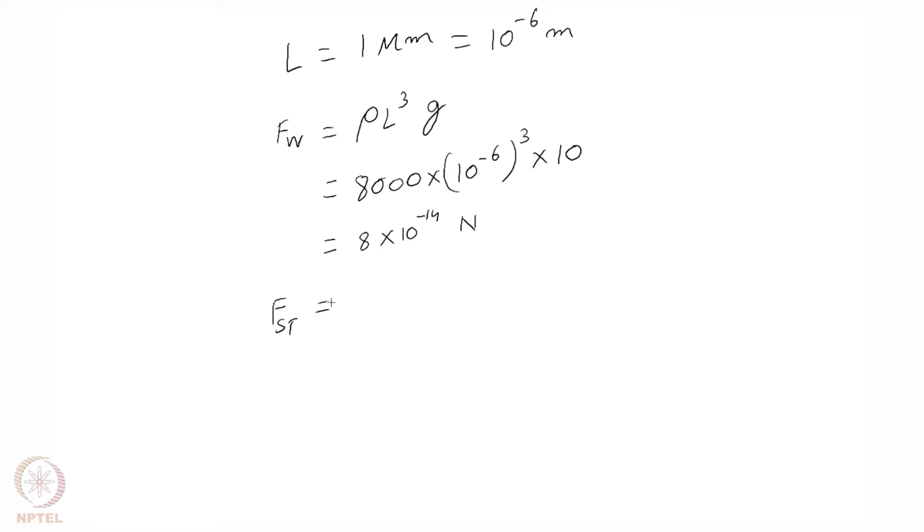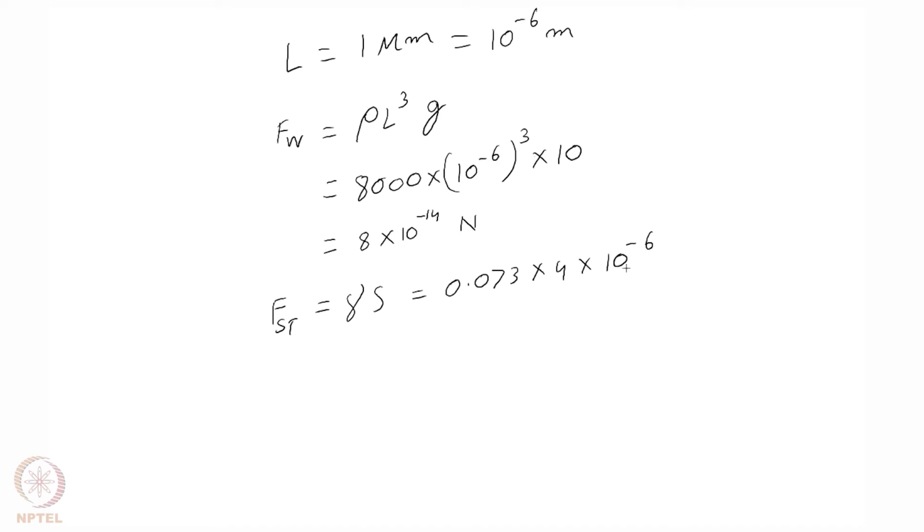Fst is equal to gamma into S, and that gamma is 0.073 into 4 into 10 to the power minus 6, because now it is 1 micrometer.